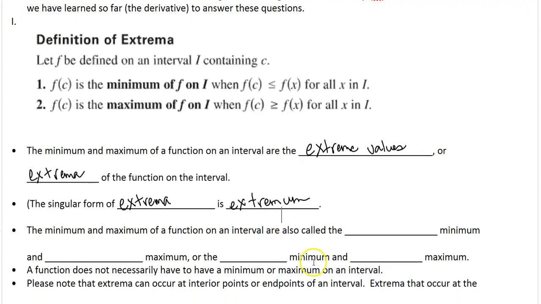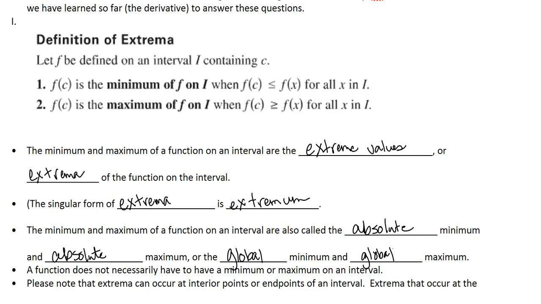Now, one thing that's important to understand is that the minimum and maximum of a function on an interval are also called the absolute minimum and the absolute maximum. Or you might see them called the global minimum or the global maximum. These are the absolute highest or lowest values on the interval.